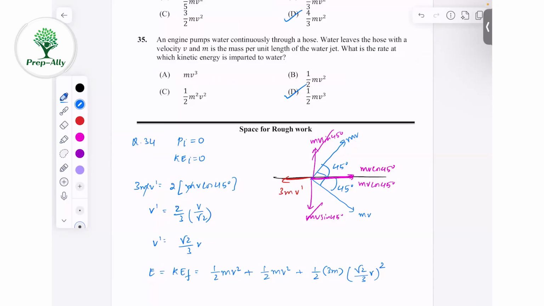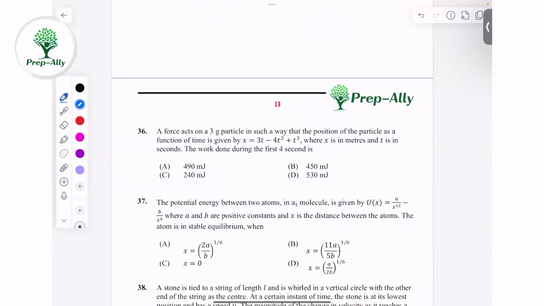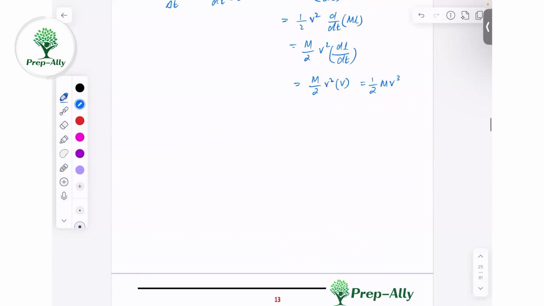Now, question 36. A force acts on a 3-gram particle in such a way that the position of particle as a function of time is given. The work done during the first 4 seconds.